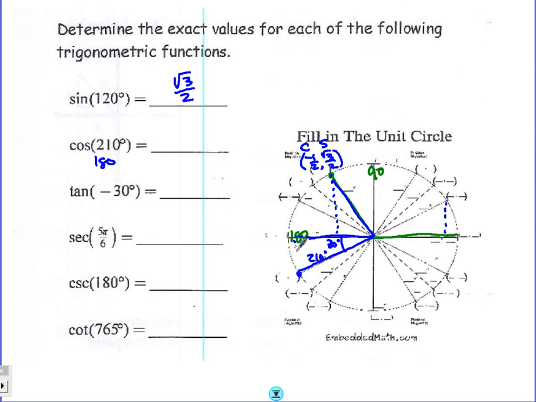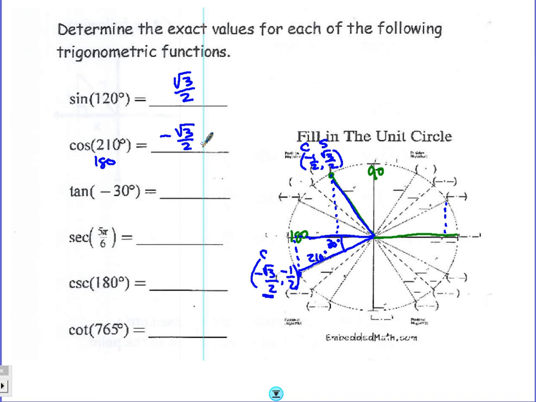Back root 3 over 2, and down 1/2. So that would be my ordered pair, and I'm asked to find cosine, so I'm asked to find the first coordinate. The x value would be cosine, negative root 3 over 2.